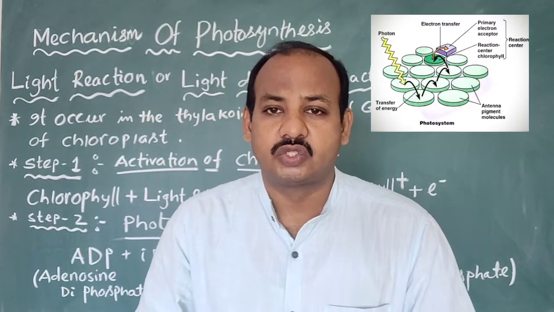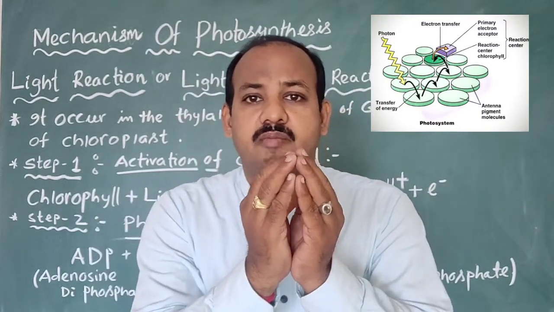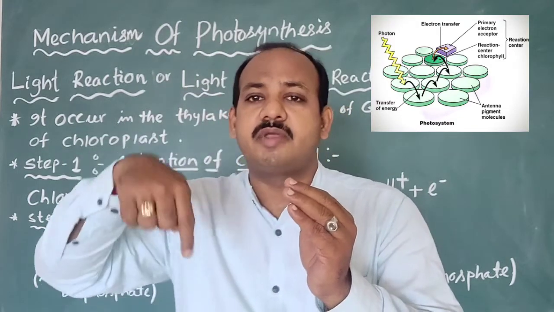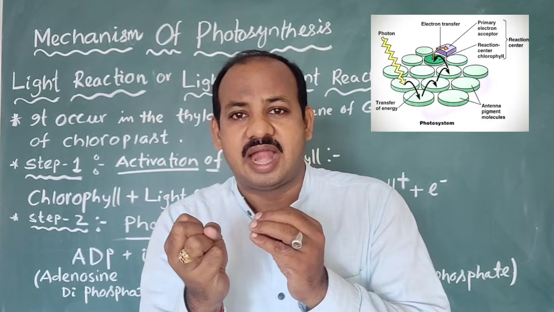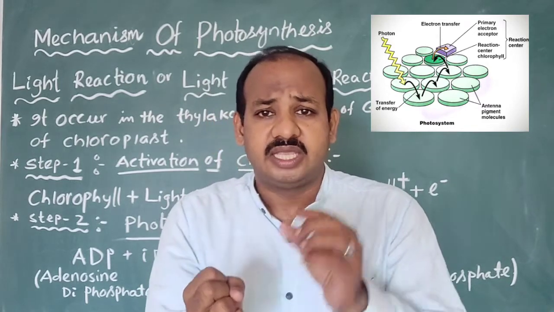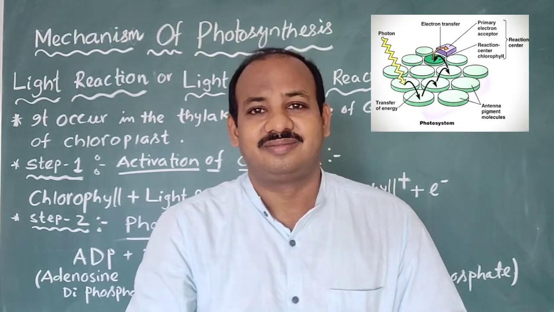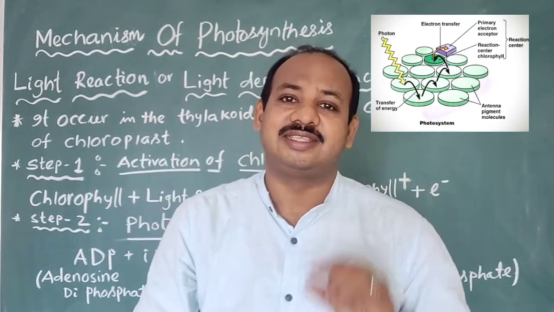Okay, children? So when the sunlight falls on the light harvesting complexes, surrounding the chlorophyll there are accessory pigments. They absorb different colors. And I already told you, every wavelength of light will have certain energy. That means every color will have some amount of energy.